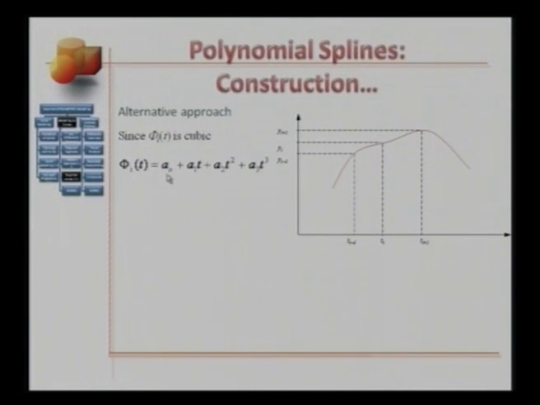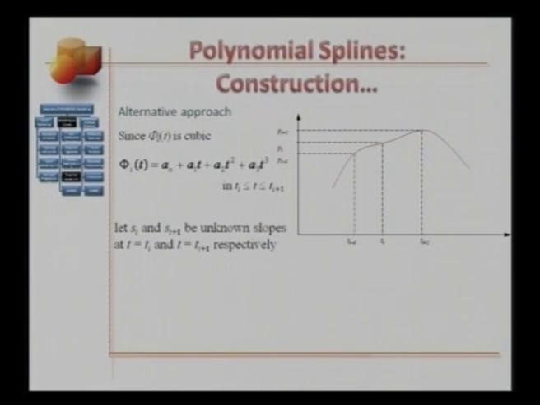Phi i is equal to a0 plus a1 times t plus a2 times t squared plus a3 times t cubed. a0, a1, a2, and a3 are unknown constants or coefficients. And phi i would be defined within the knot span t i and t i plus 1 right here.